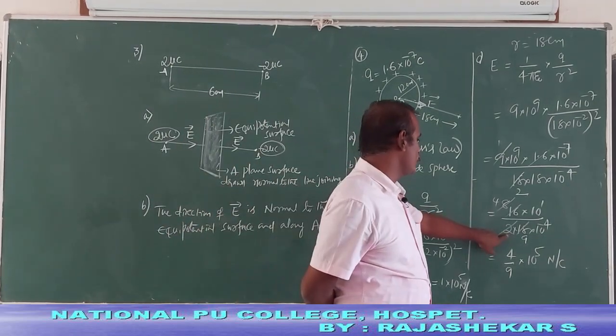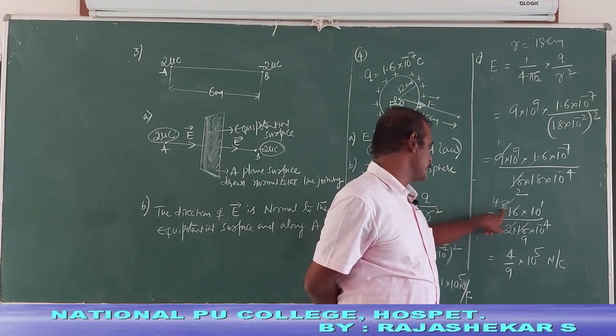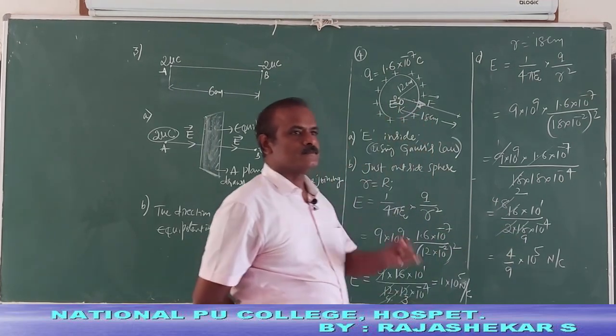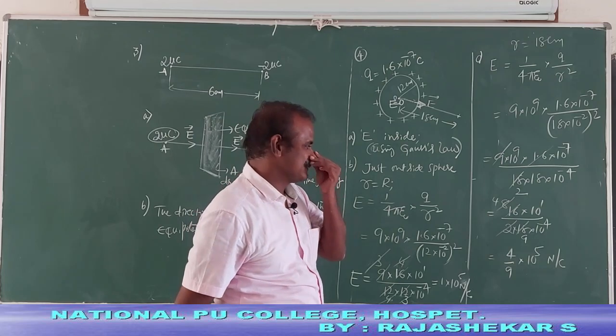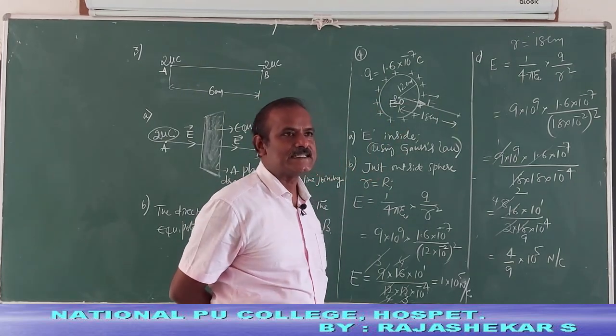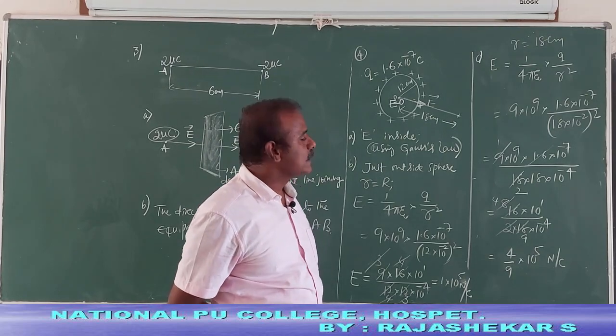So 2 1 times, 2 8 times, 2 4 ja, 2 9 ja again, so 4 by 9. As distance increases, electric field intensity decreases due to a charged spherical conductor.